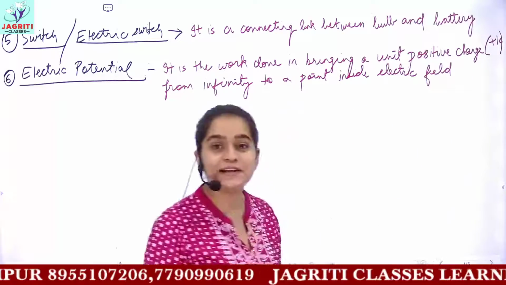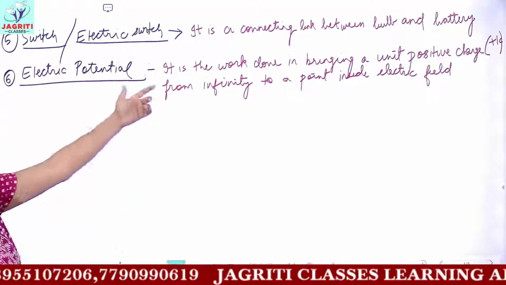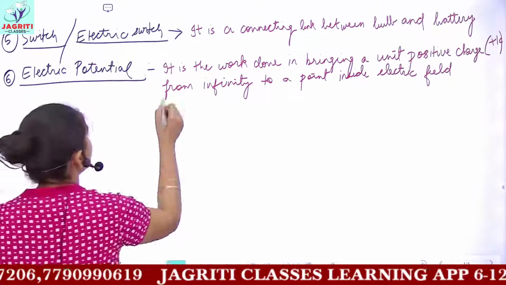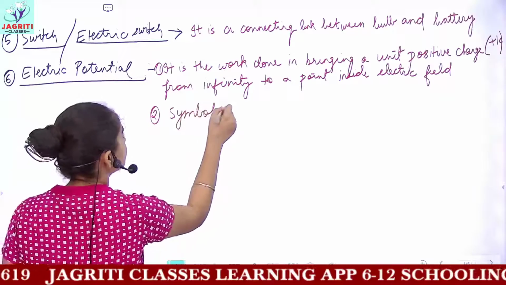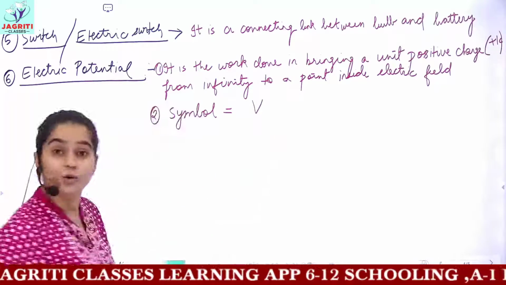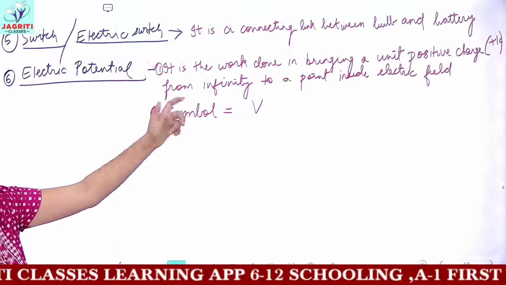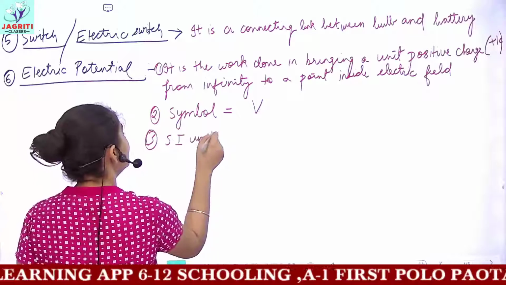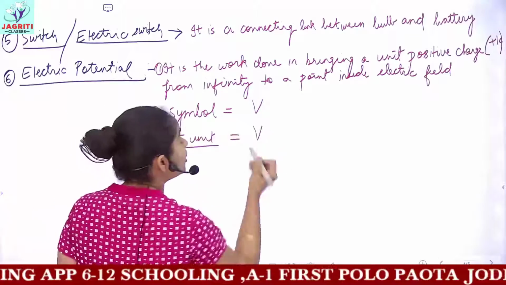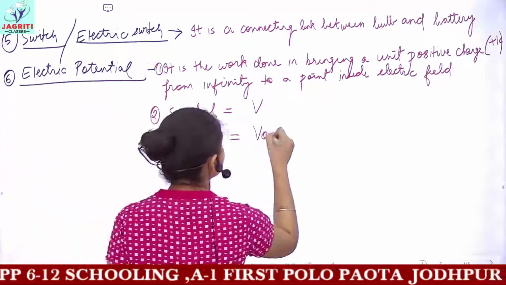So in this manner you can define the term electric potential, and it is represented by the symbol capital V. Potential is shown by the symbol V. And remember, the SI unit of potential is also denoted by the symbol V, because the SI unit is volts.